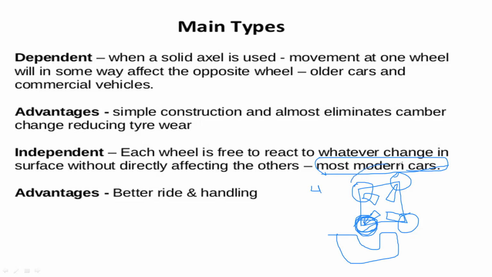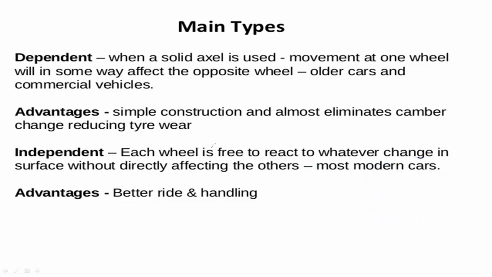The other three wheels run very smoothly, okay. So that is the main thing in the independent suspension system. What is the advantage of this independent suspension system? Better ride and handling. It is very good ride and handling.